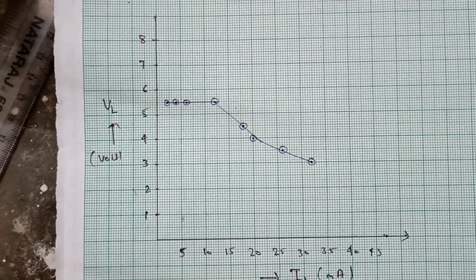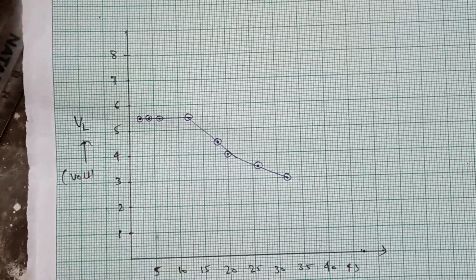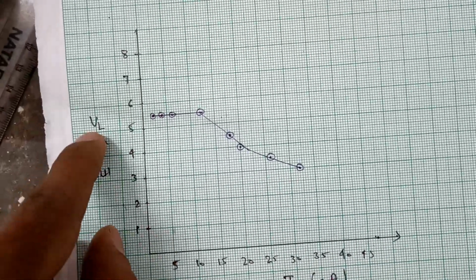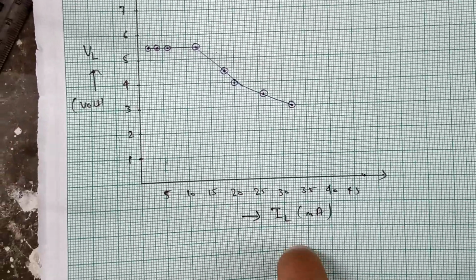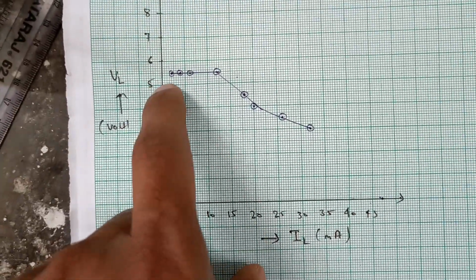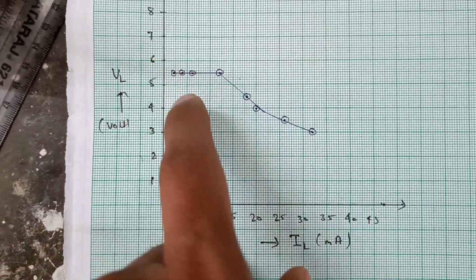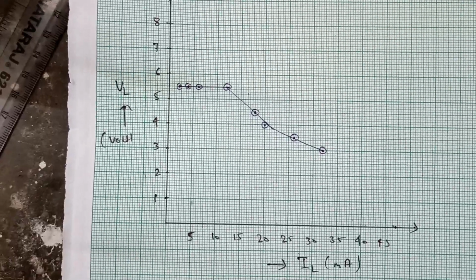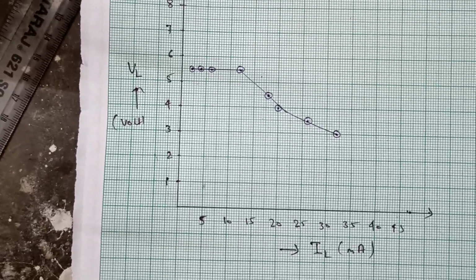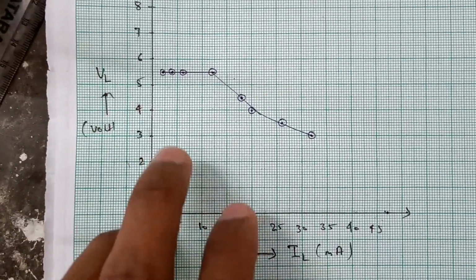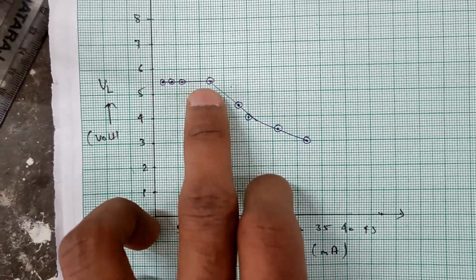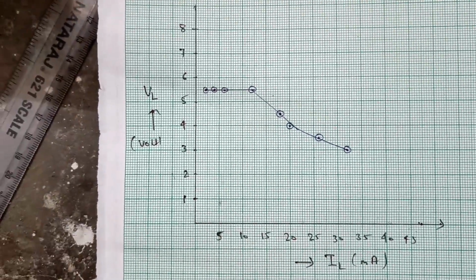We can see it from the graph, with VL on the y-axis and IL in milliampere on the x-axis. So this is our transistor percentage regulation graph. So we can see that this is almost constant.